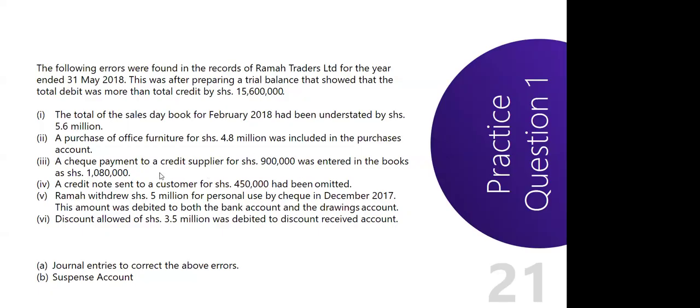we are going to go back to the bank. Because remember, we credited the bank with a higher amount of 1,080,000. So right now, to get out the 180,000, what are we going to do to the bank? Remember, when you pay a supplier through the bank, you credit the bank.